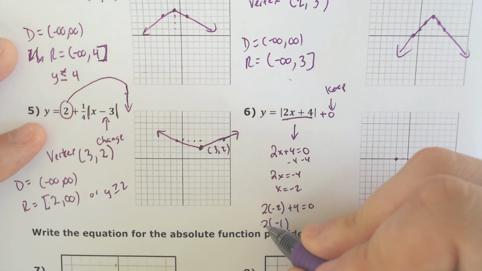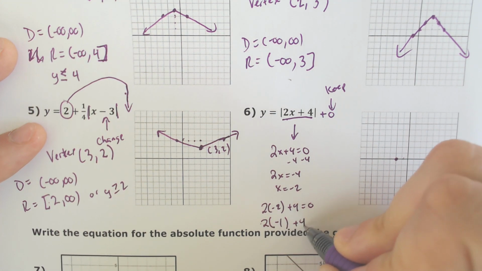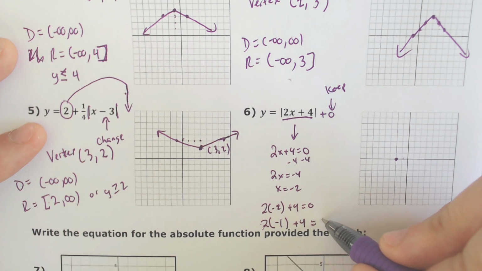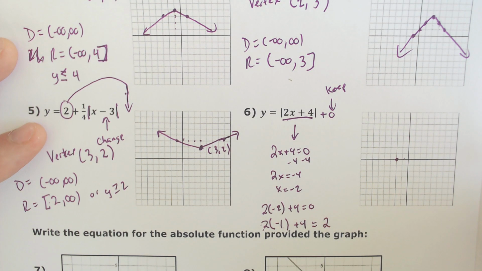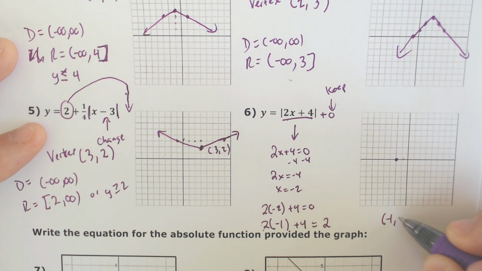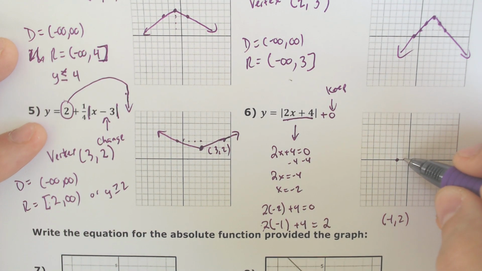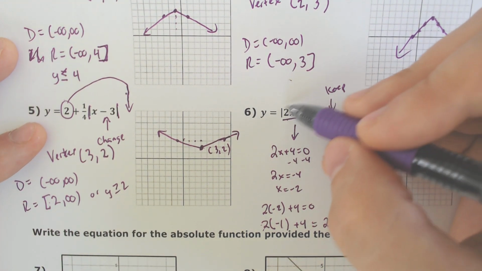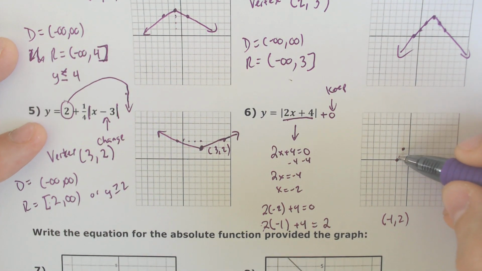We do 2 times negative 1 plus 4. That ends up being negative 2 plus 4, which is positive 2. Okay, so when we plugged in negative 1, we got an answer of positive 2. So we are at negative 1, 2, which tells us something: that this positive 2 is the slope.